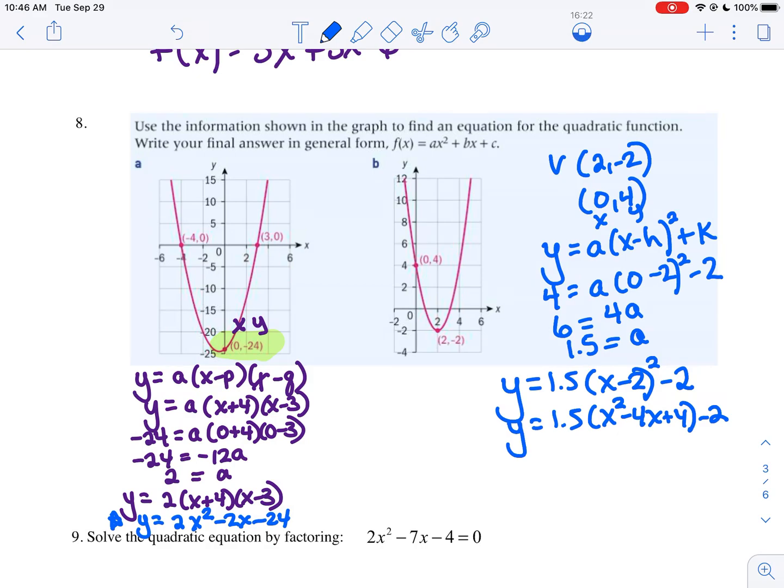So maybe try to work ahead of me here. So then you should get y equals 1.5x squared minus 6x plus 4, okay?